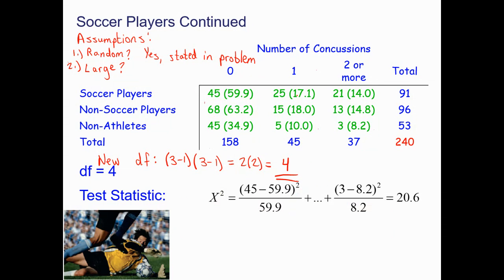Observed minus expected squared divided by expected. And we just keep going through each of these. I'm going to save y'all the hassle because y'all are going to have to do it on the homework. I think y'all can punch buttons on the calculator to get that answer. Again, on your assignment, it's perfectly valid to write it like this.